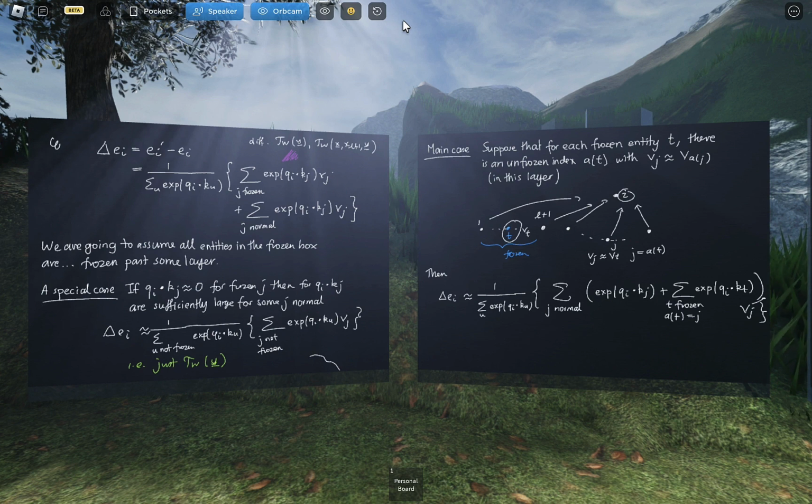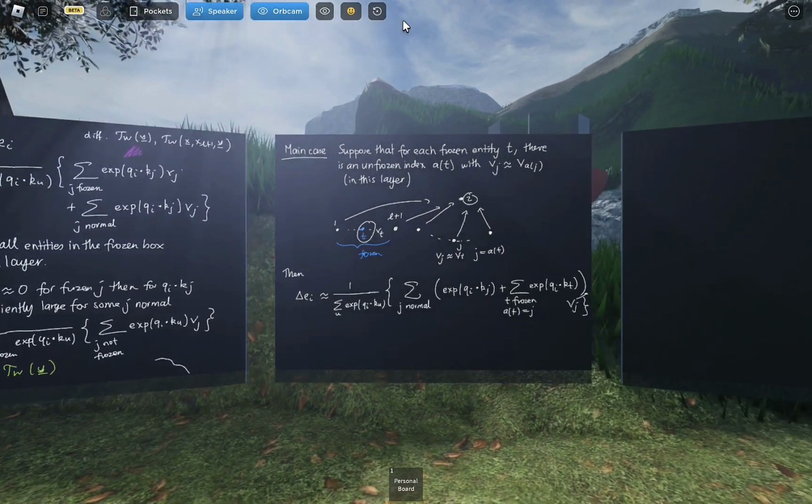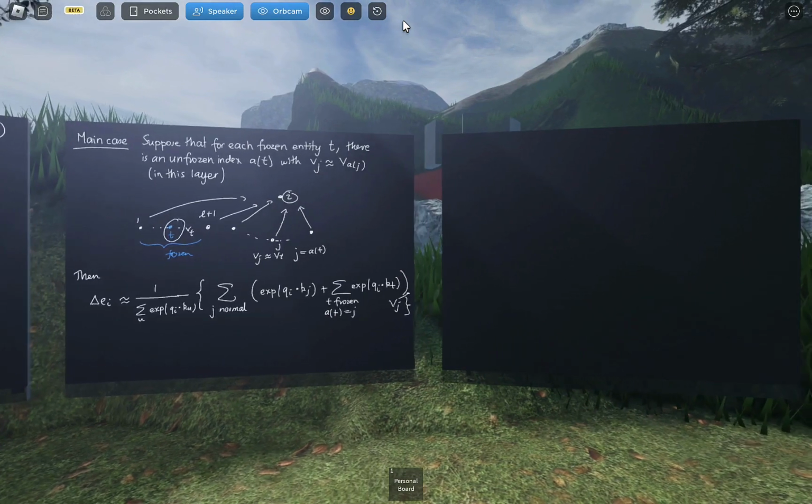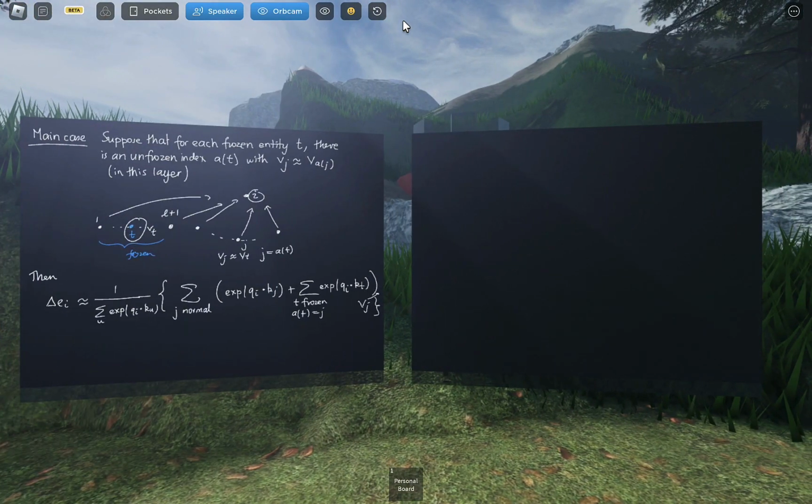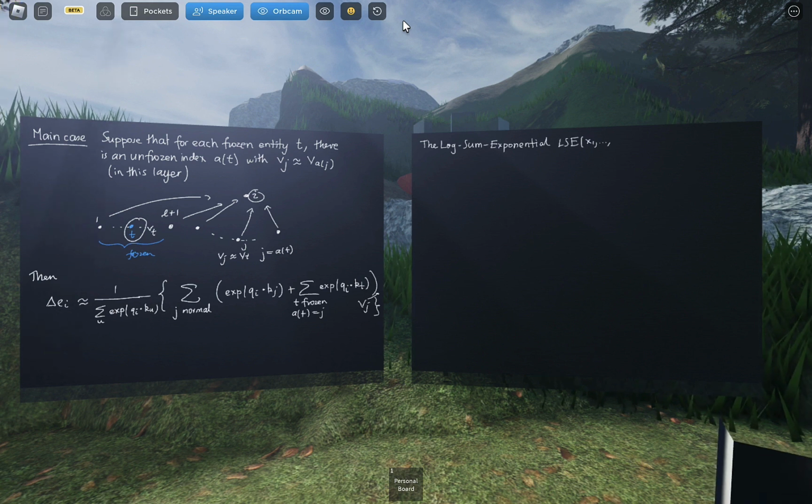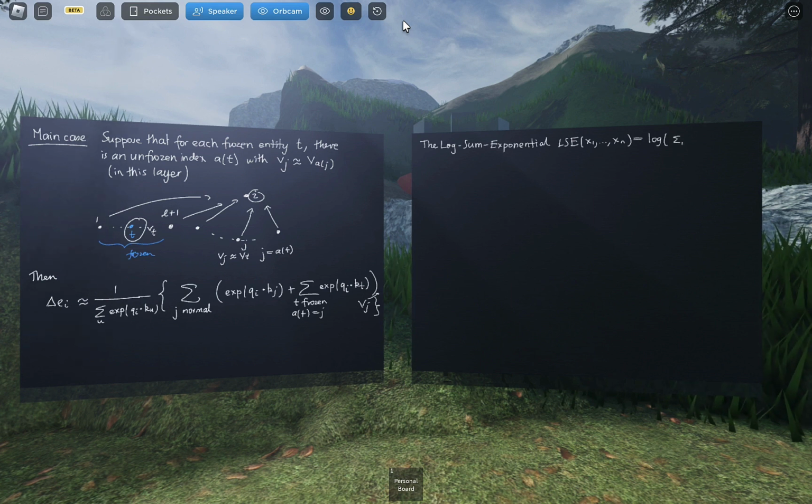So now we've got a sum of exponentials, and it's a standard trick to do at this point. So the log sum exponential is by definition what it says. So take a sequence of n real numbers and take the logarithm of the sum of their exponentials.